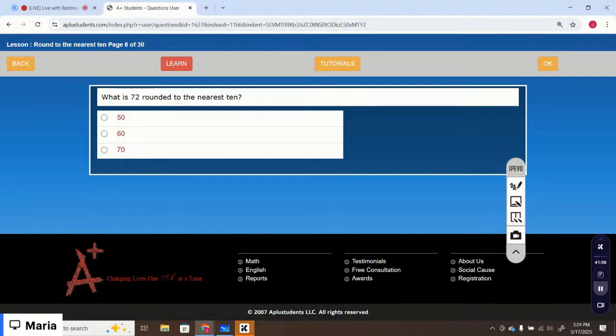What is 72 rounded to the nearest 10? So which is the correct option? 72 is rounded to 70.